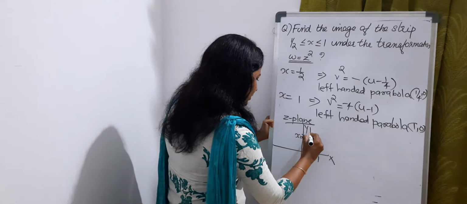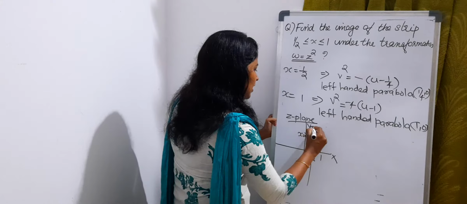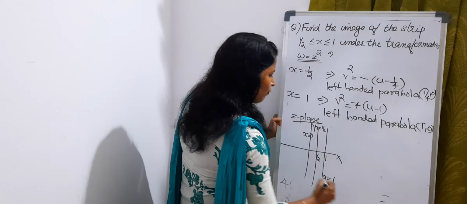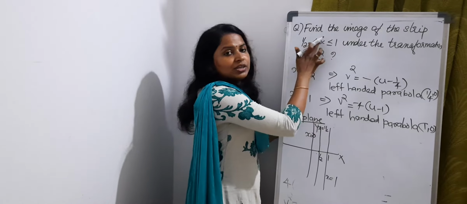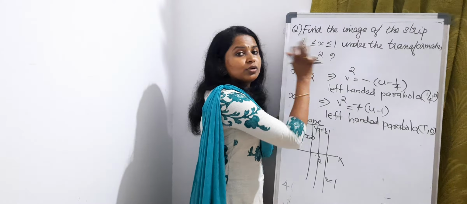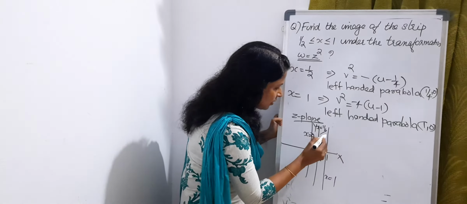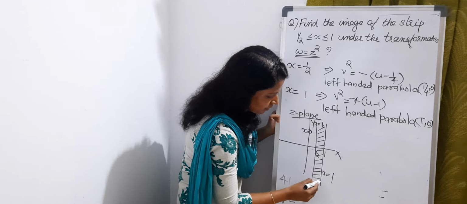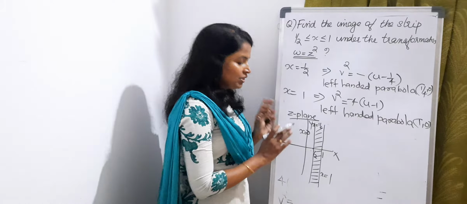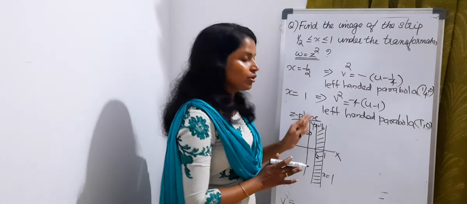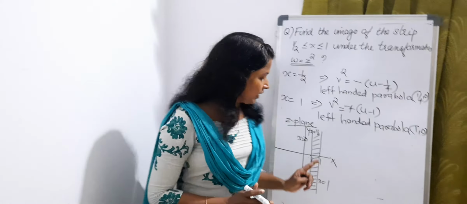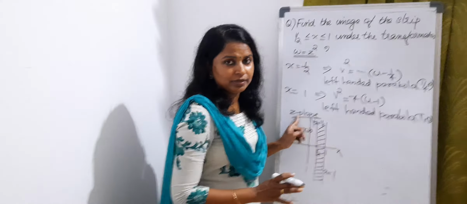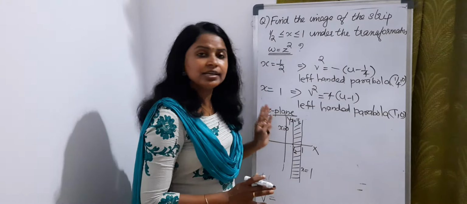This line is x = 1/2 and this line is x = 1. Then 1/2 ≤ x ≤ 1 is the portion between these two lines. This is the figure in the z plane.